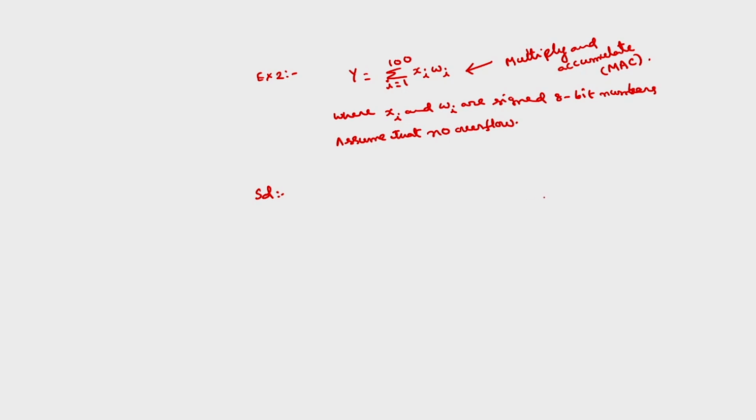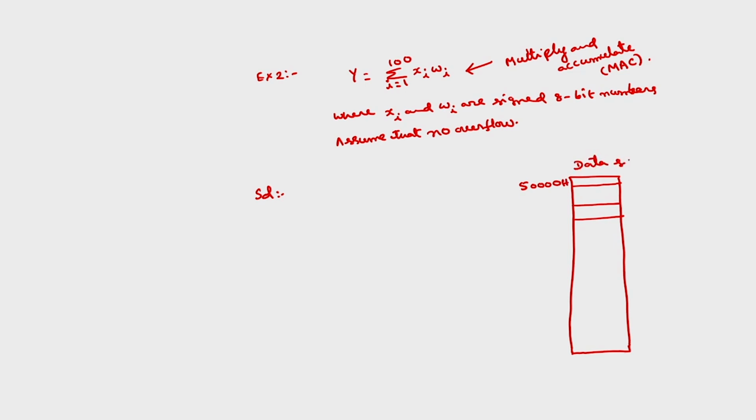I am assuming that xi is stored in some locations in the data segment starting with 50000H. The ending address will be 5FFFFH, 64 kilobytes of the data segment.